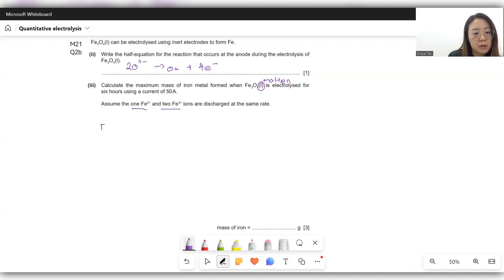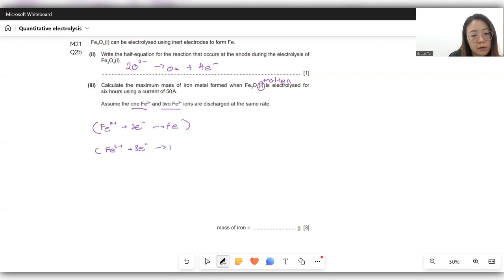Fe2 plus requires 2 electrons to form iron metal, and you only have 1, so you need 2 electrons. Fe3 plus requires 3 electrons to form Fe metal. In this example, you have 2 Fe3 plus, so you multiply by 2.